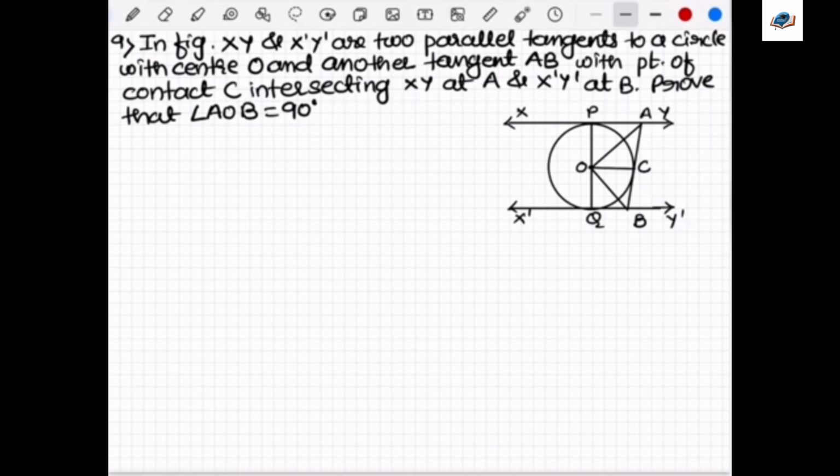Now, can I say in triangle AOP and triangle AOC, OA equal to OA, common, OP equal to OC, radius of the same circle, and PA equal to AC, tangents from the same external point are equal.